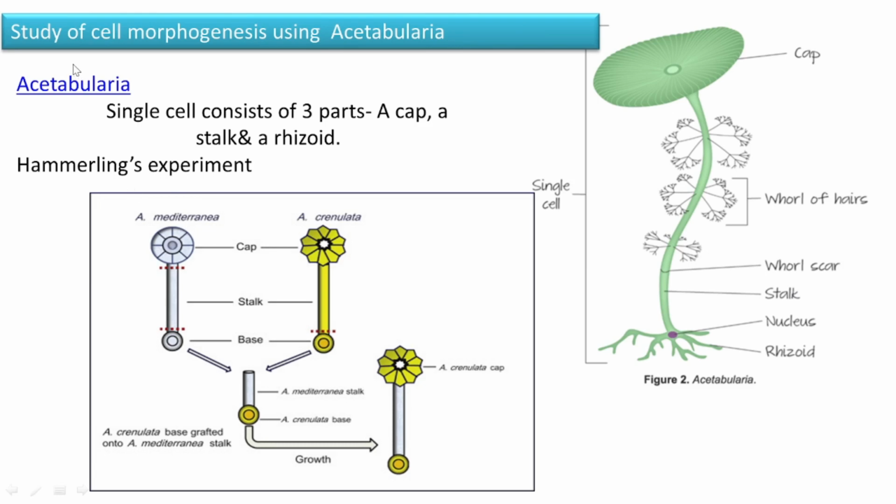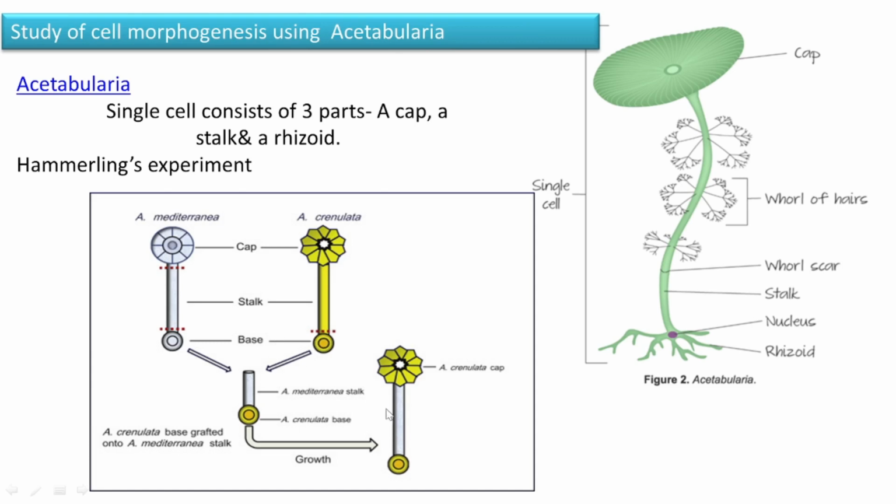He considered two Acetabularia species, that is Acetabularia mediterranea and Acetabularia granulata. What he did was, he exchanged the nucleus of these two species between them. The nucleus of Acetabularia mediterranea is transferred to Acetabularia granulata, and from here the nucleus is transferred to this.